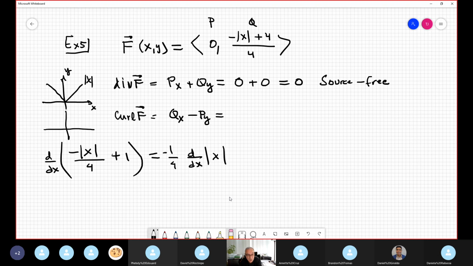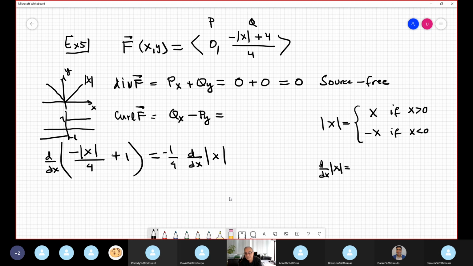Another way to see absolute value is x if x is positive, and minus x if x is negative. If you differentiate, the derivative is 1 if x is positive, and negative 1 if x is negative.